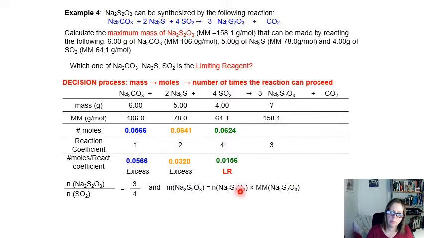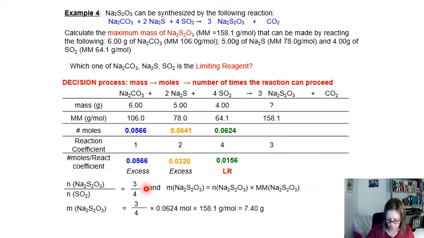And now I will replace directly the number of moles of sodium thiosulfate here by 3/4 of the number of moles of sulfur dioxide that is used in the reaction.